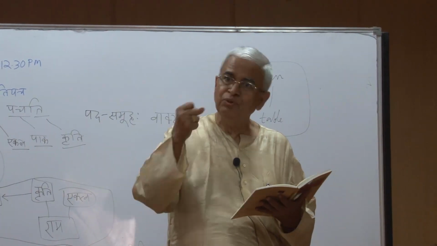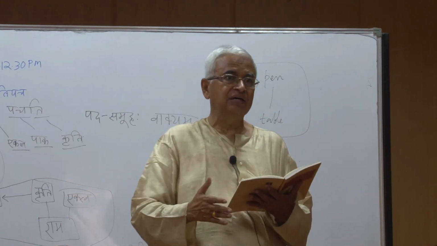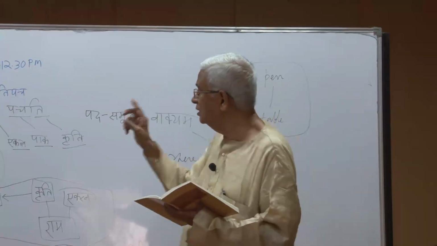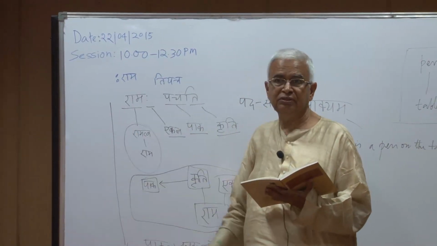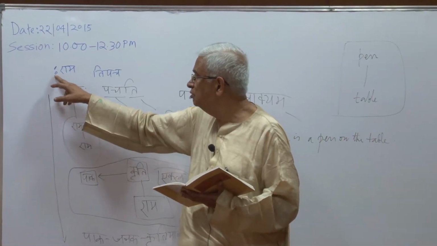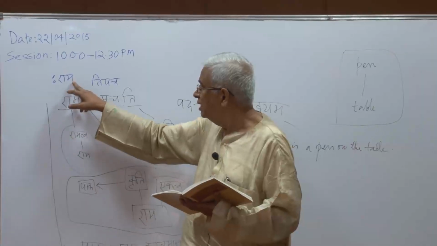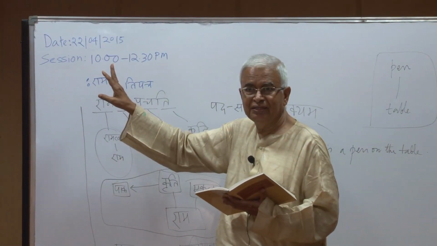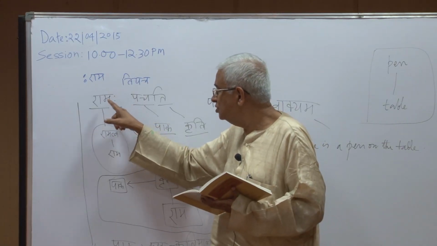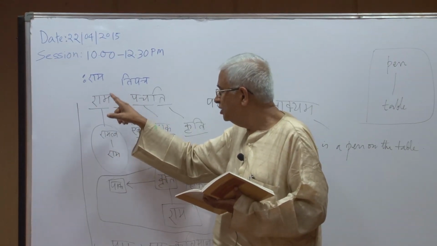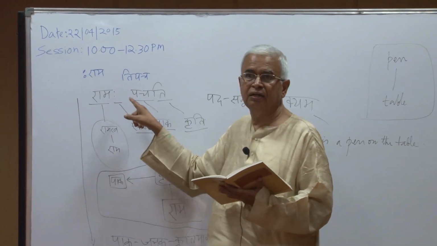If there is akanksha, then only it is possible. Without that, it is not possible. So, in the presence of akanksha alone, one pada is kept. If it is in this order, it cannot. It does not need this, it does not need this. So, by itself it cannot communicate. It requires this here. Without this, this is not capable of generating the knowledge that Rama is related to ekatva.